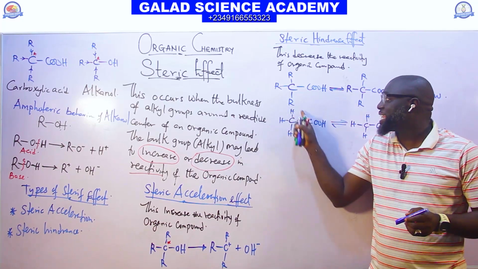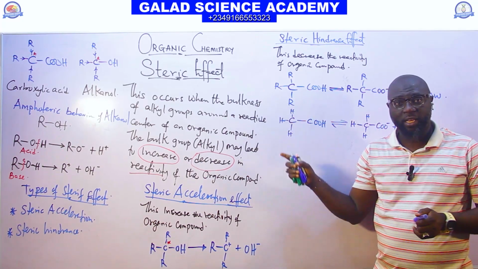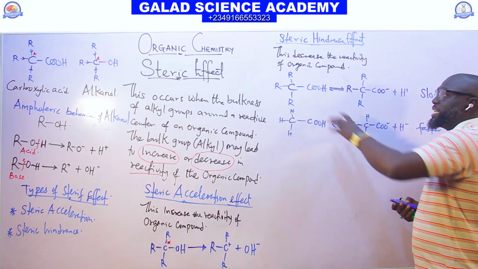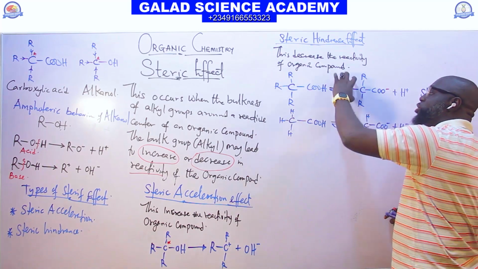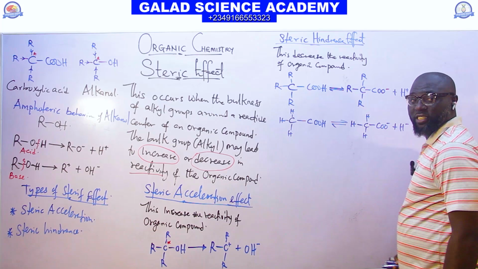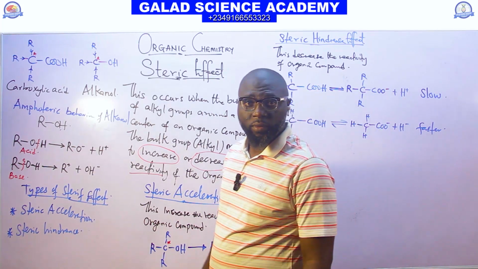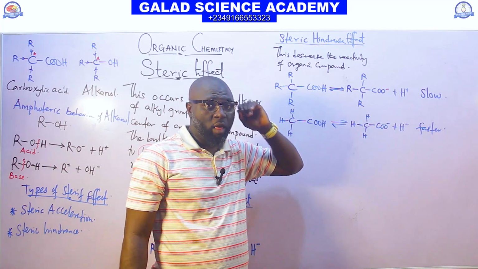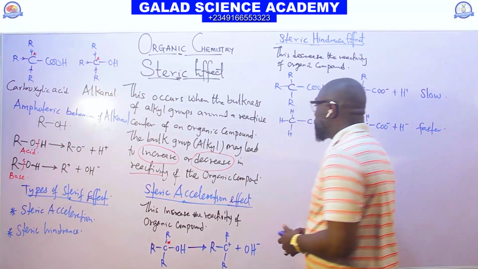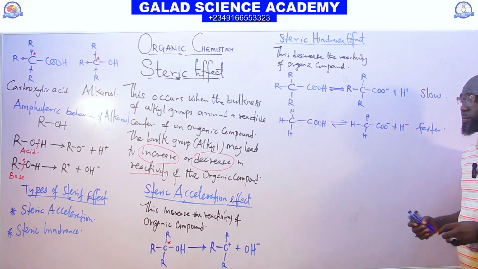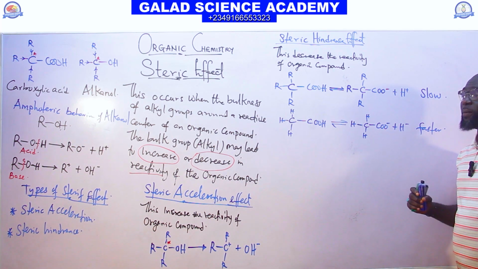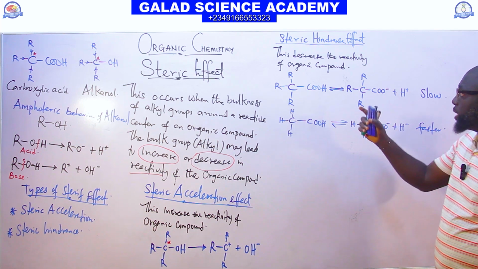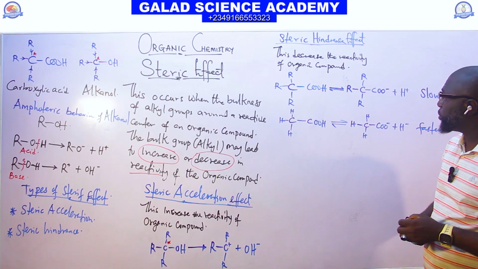Because there is no alkyl group here. Am I communicating? So this example we have on top here is a good example of steric hindrance. It will inhibit the ionization of carboxylic acid. So that is another example of steric hindrance. Let me give one more example on it.